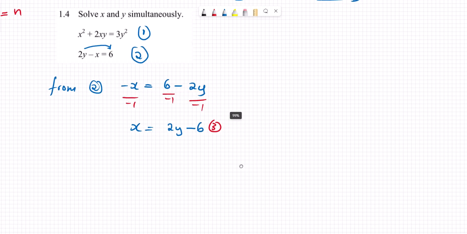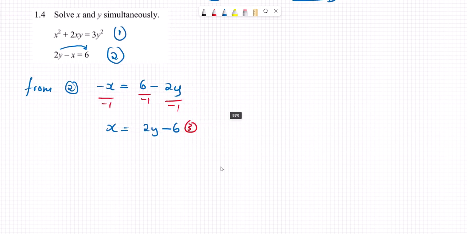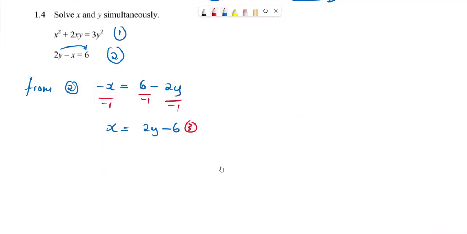So I hope I'm not losing any one of you. So let us go ahead and solve this. So substitute equation 3 in 1. Okay, so wherever we see x, we put this.